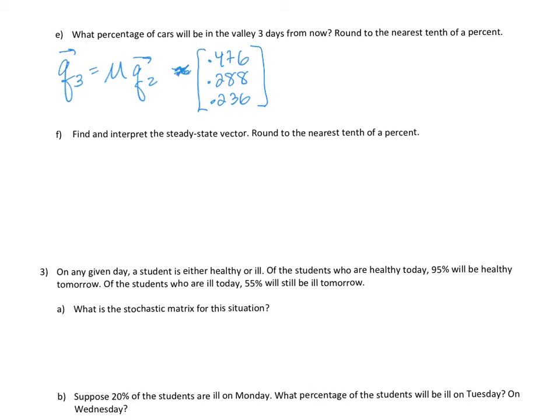And then find and interpret the steady state vector. So we did this, see part 1, question 1, we found the steady state vector. It was Q steady state, 15, 10, 11, each one out of 36.